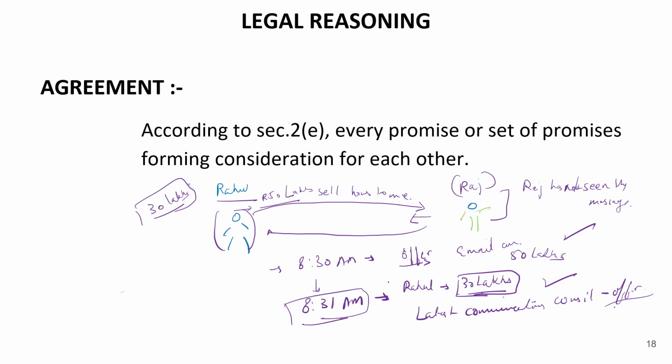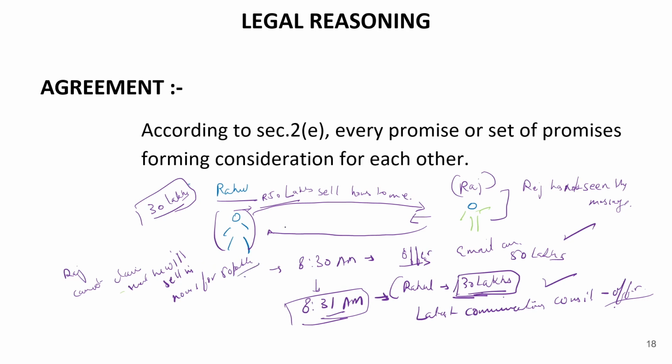So here at 8:31, if Rahul communicates that I want to purchase your house for 30 lakhs, Raj cannot claim that he will sell his house for 50 lakhs because it was communicated by Rahul initially.